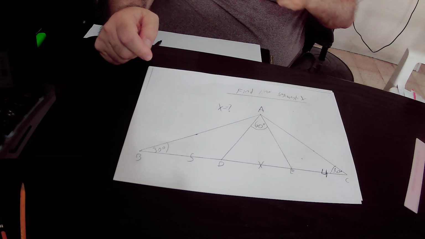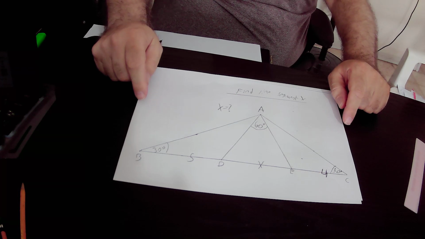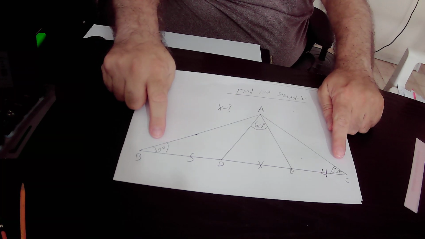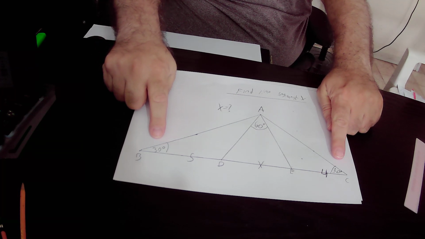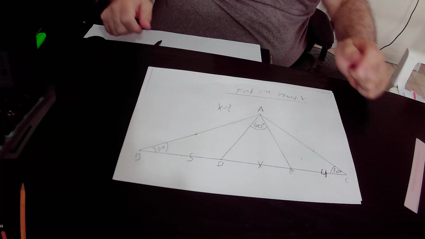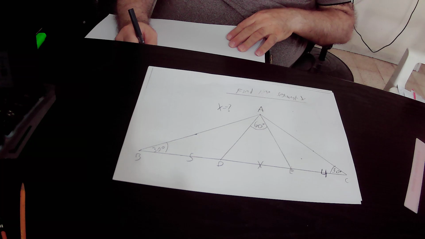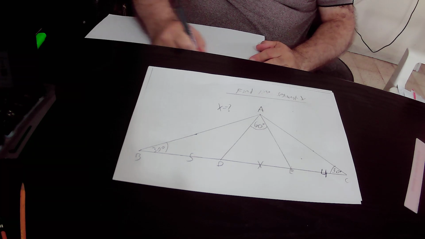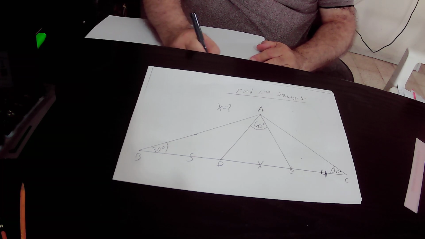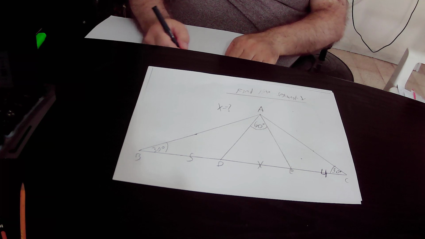Okay, so we will focus on triangle ABC. In triangle ABC, you know that those two angles are equal to each other. Each angle is equal to 30 degrees. So I'll write it down. In triangle ABC, we have two angles that are equal to each other.